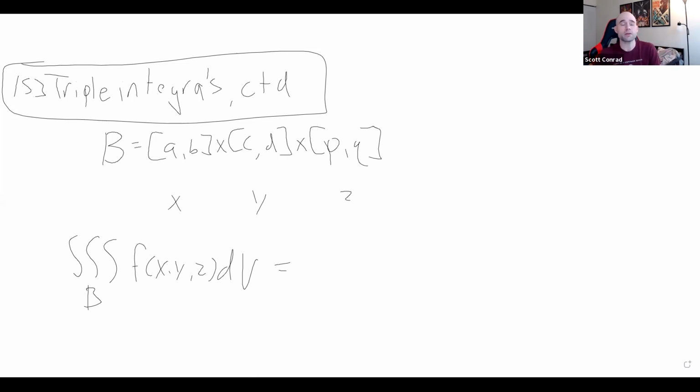And by Fubini's theorem, you can integrate in any order you like. You could do z then y then x, or z then x then y, or x and y then z, x, z, y, y, x, z, y, z, x. Any of those 6 orders works. So you could do, say, z first. So z goes from p to q.